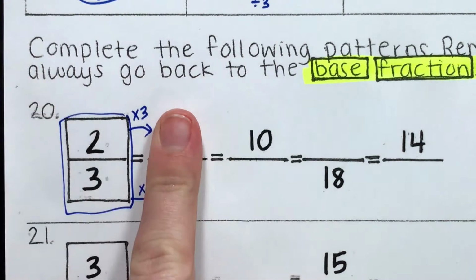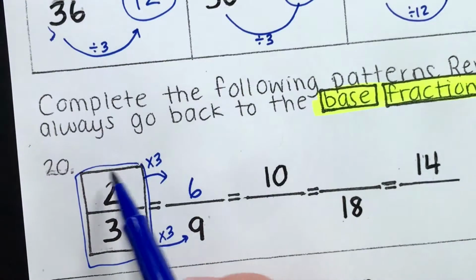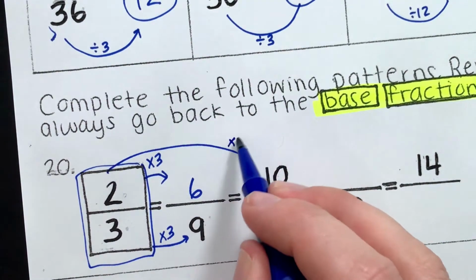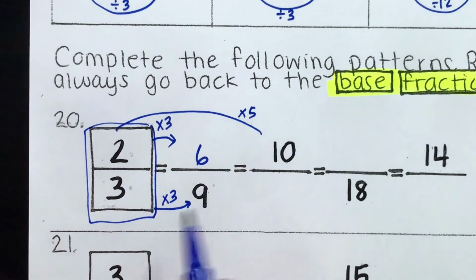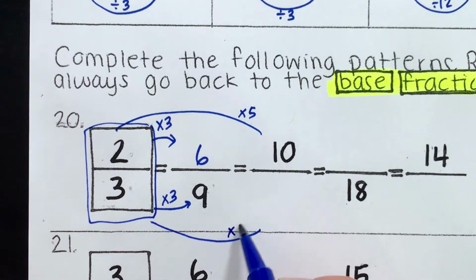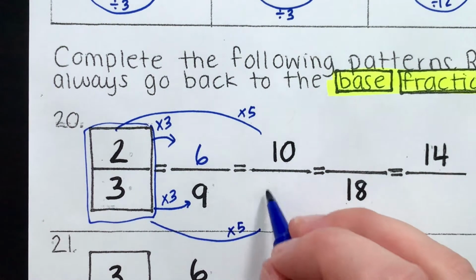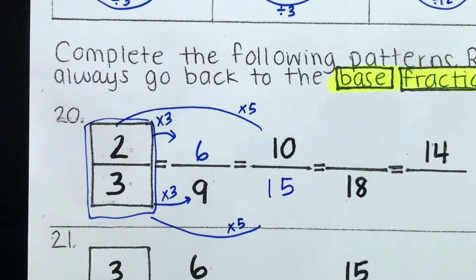So 2 to 10, what's the connection there? 2 to 10? Times 5. So then we have to do the same thing on the bottom. Okay, 3 times 5, 15. All right, so I'm actually going to use a piece of paper to show you what I mean by covering up those fractions.